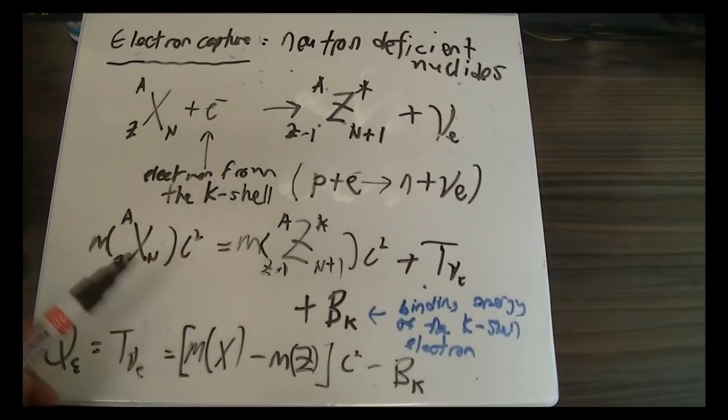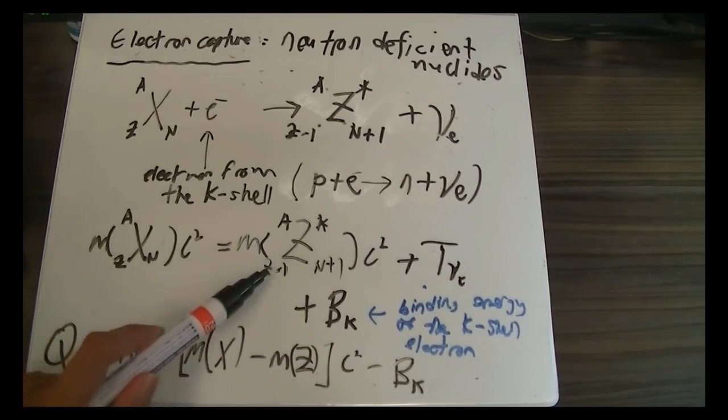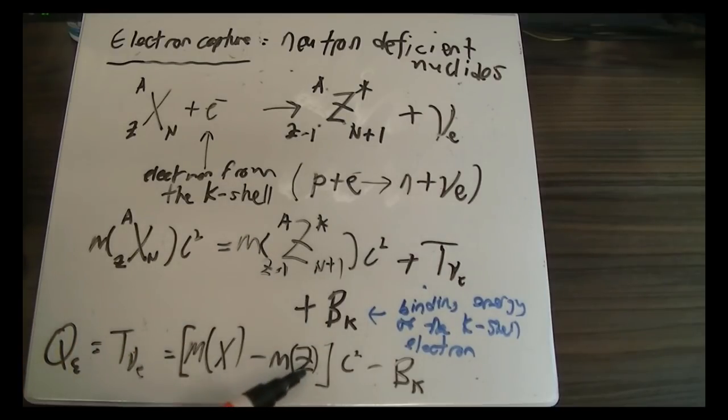I skip labeling the parent nucleus with Z and N, and also the daughter nucleus with Z minus 1 and N plus 1, because I don't have enough space here.